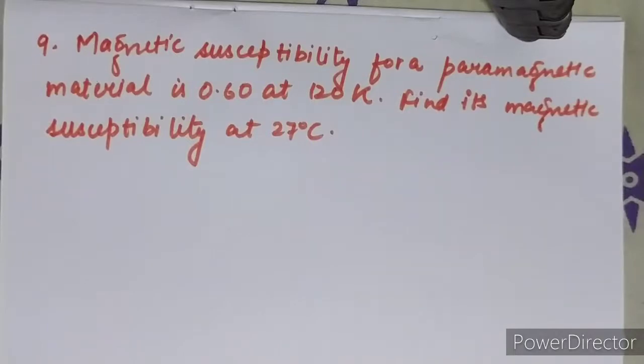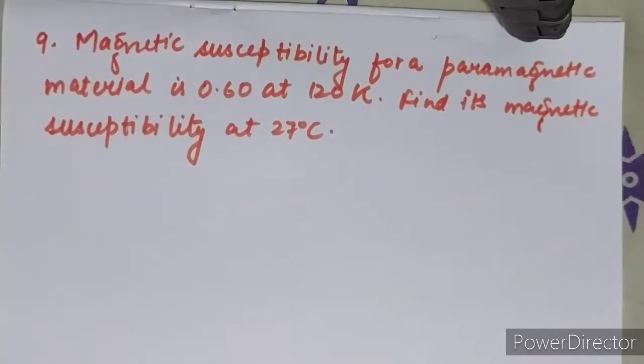Now the other temperature is 27 degrees Celsius. So first of all we have to convert this into Kelvin, and then calculate the value of the magnetic susceptibility for the paramagnetic material at this temperature. Clear?